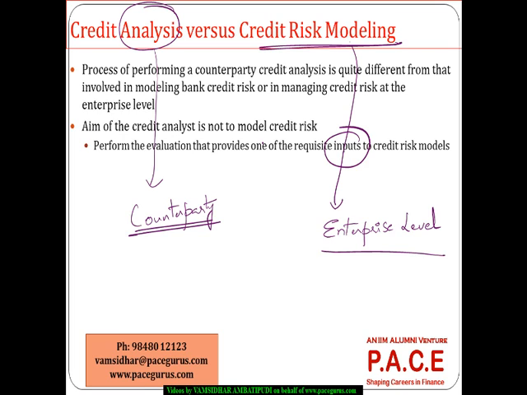I am looking at only one specific counterparty evaluation, one specific credit evaluation. Whereas in the credit risk model, I am looking at a much bigger picture. So I have to really differentiate between these two words.